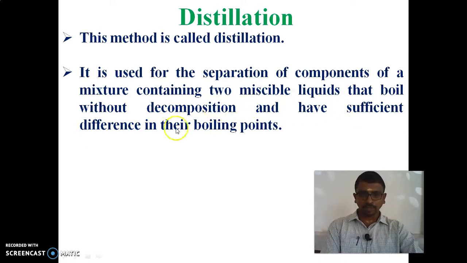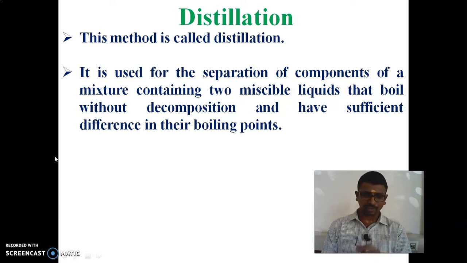They should also have a sufficient difference in their boiling points. If the difference between the two liquids is higher, we can go for distillation. But if the difference is less, there is another distillation we can go for.